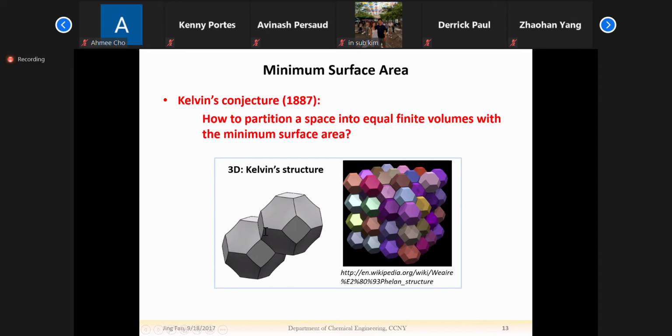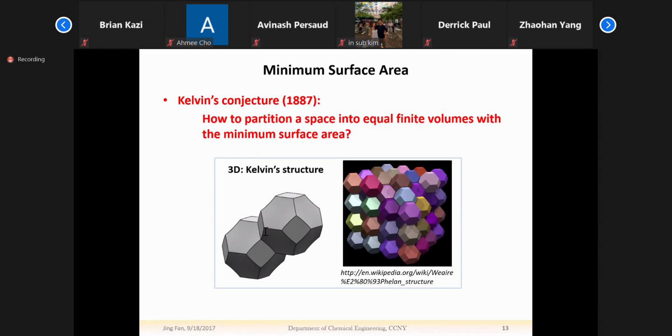And actually, this Kelvin structure is slightly different from these polyhedral shapes, because some of the edges are slightly curved, and also the hexagon surface is not flat. It's like saddle shaped, but the square surfaces are flat.